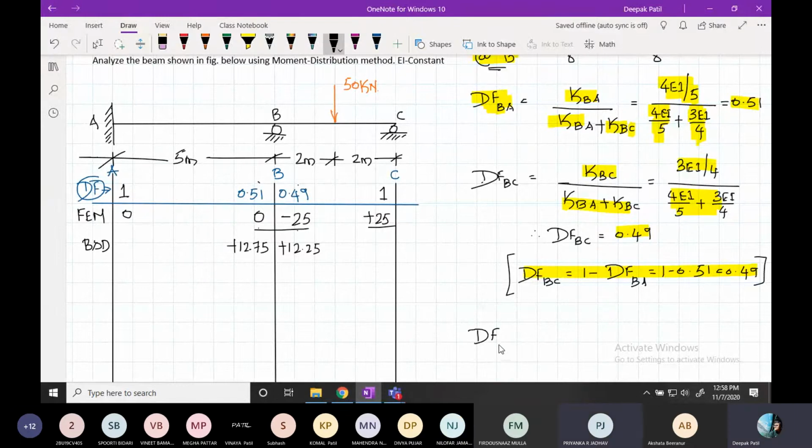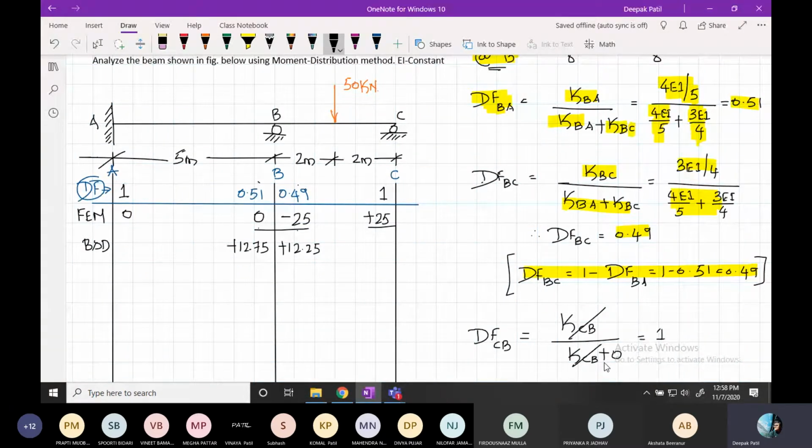Only one, right? Which is that? It is CB. So I will write the distribution factor CB. The numerator should be the stiffness factor of CB divided by the summation of stiffness factors of the components joining at C. Only one, KCB itself, plus nothing on the other side, it is 0. So KCB will cancel, and you will end up with 1.